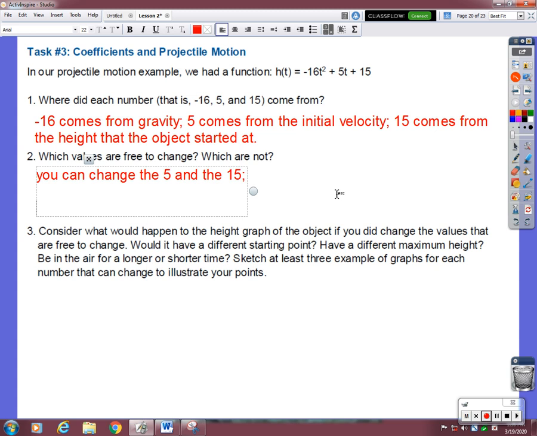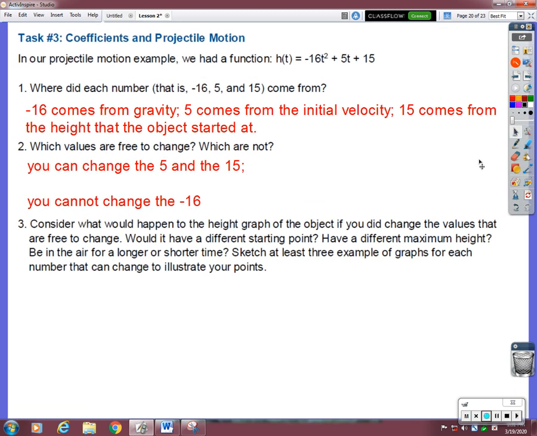You can also change the 15 by throwing it from a different place, like from a 2nd-story window or a 5th-story window, or just from the ground. You cannot change the -16, because that, my fine young friends, is gravity, and you can't change gravity. Okay.